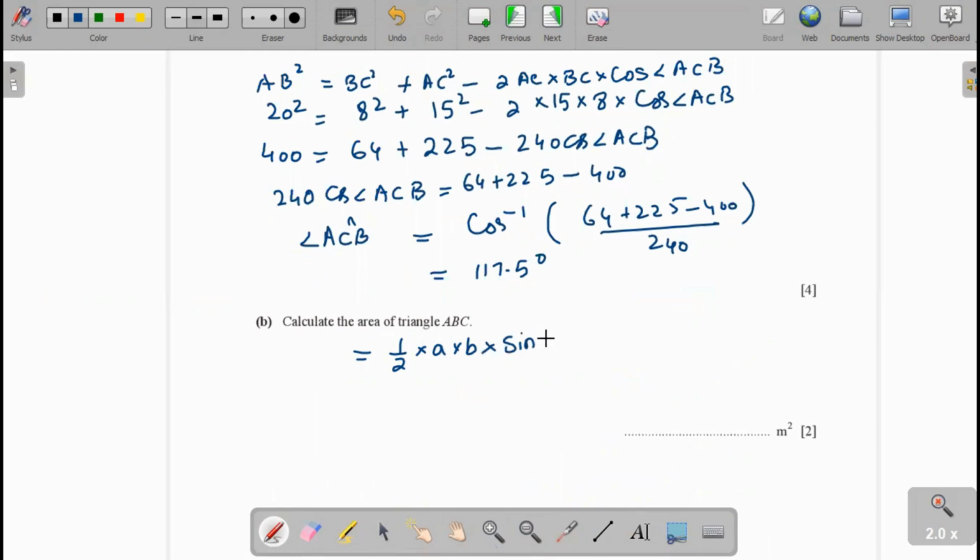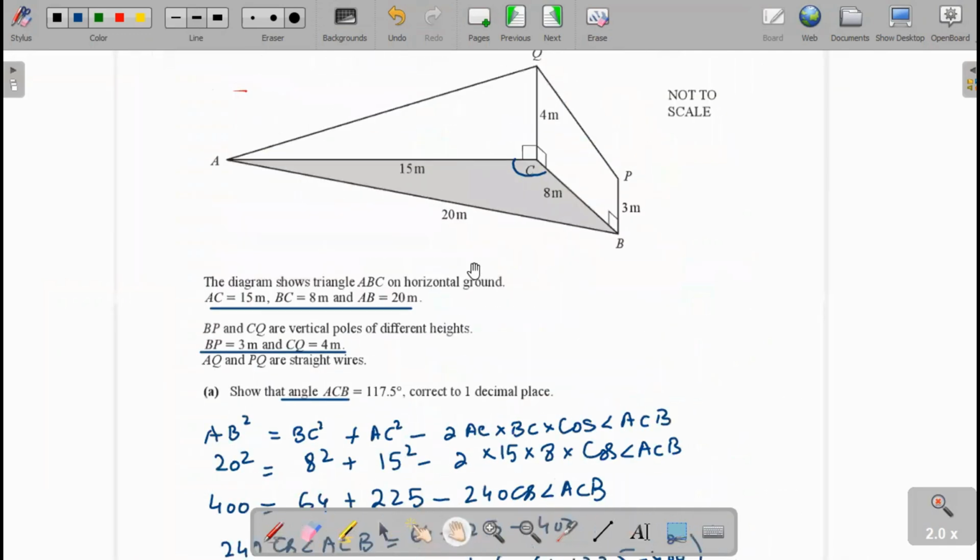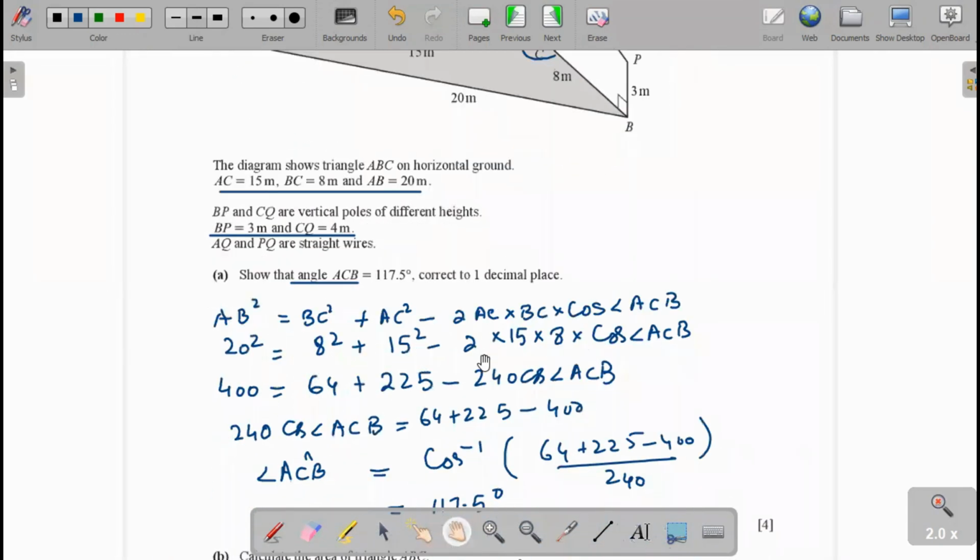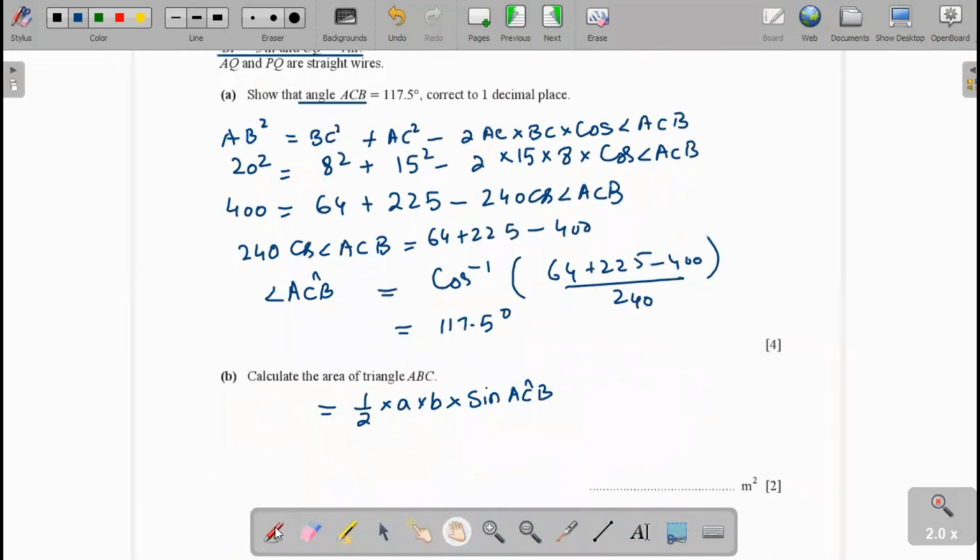We use this formula here, 1/2 ab sine C. You can see here AC is a, BC is b. Therefore, AC into BC into sine of angle ACB.